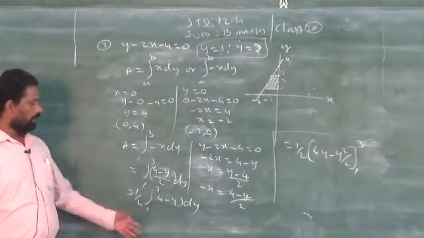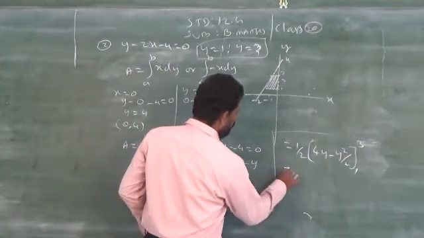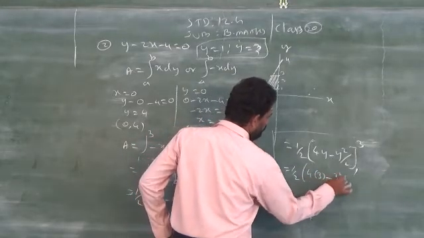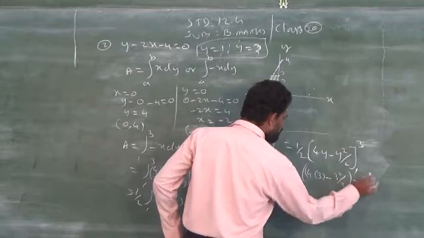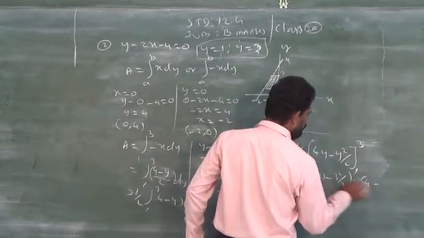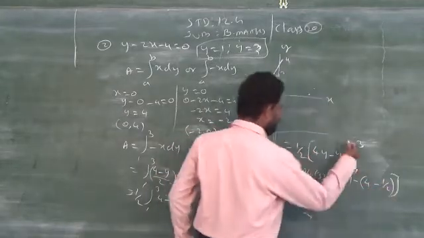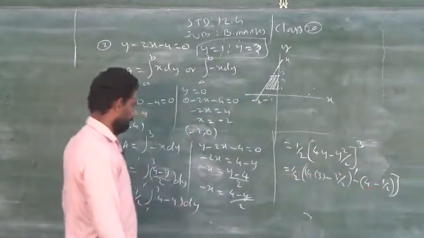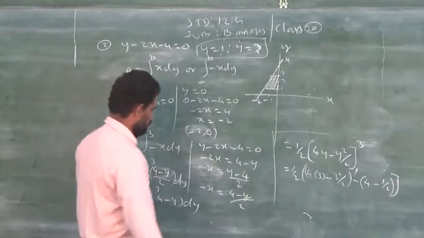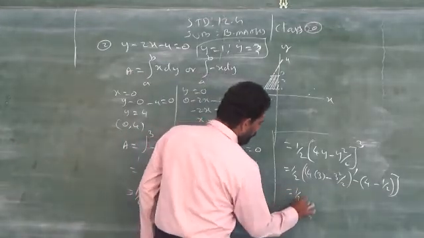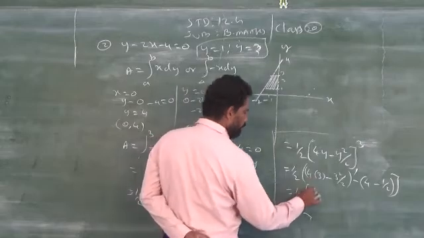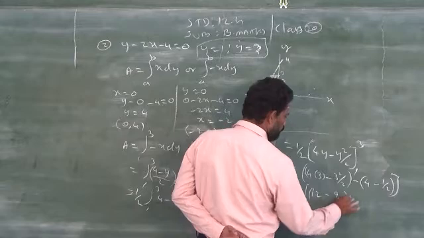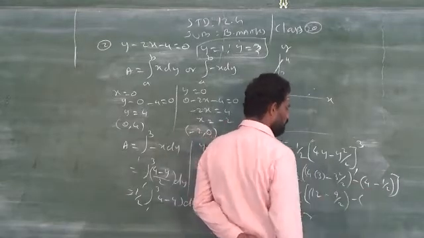So now you have to replace the limits: upper limit minus lower limit. 4 into 3 is 12 minus 9 by 2, minus, 4 into 1 is 4, 1 square is 1, minus 1 by 2.